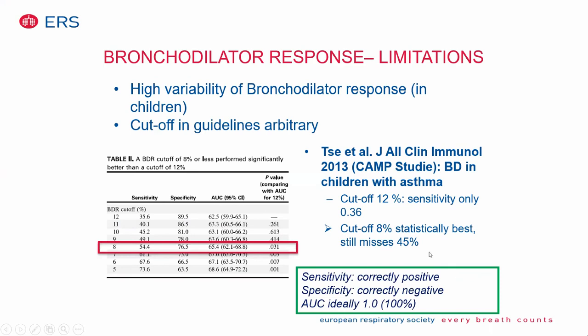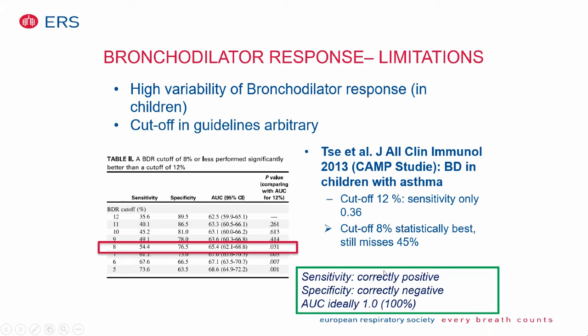But you've heard already that these recommendations do not really apply to children. We have a very high variability of the bronchodilator response, and the cutoff that is set in guidelines is really arbitrary. And Nicolas mentioned already the CAMP study, which had a large number of children with asthma in the lung function lab.